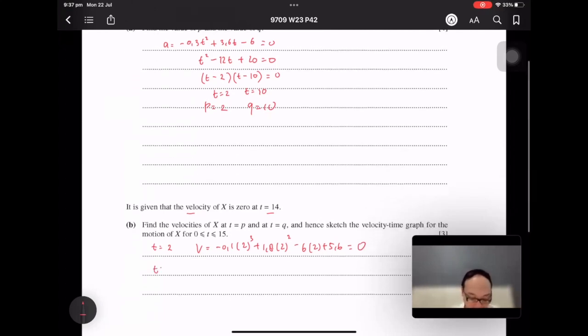And when t equals 10, v equals negative 0.1 times 10 cubed plus 1.8 times 10 squared minus 6 times 10 plus 5.6.